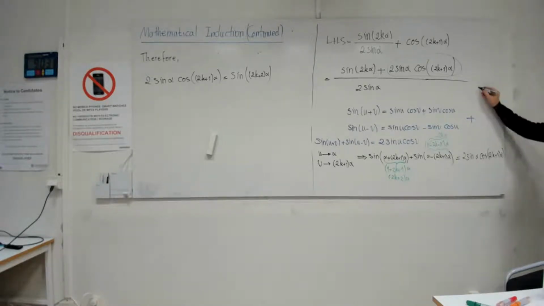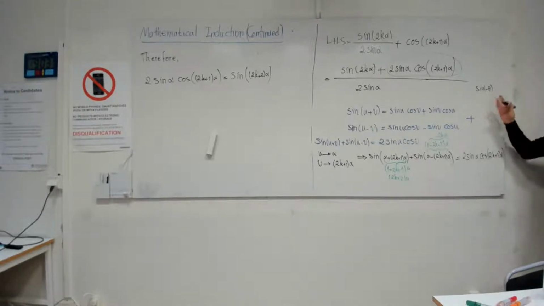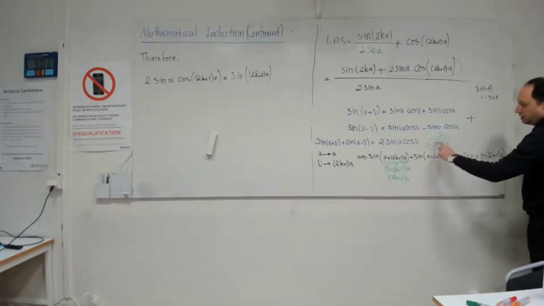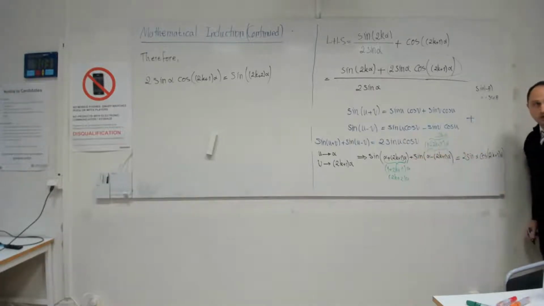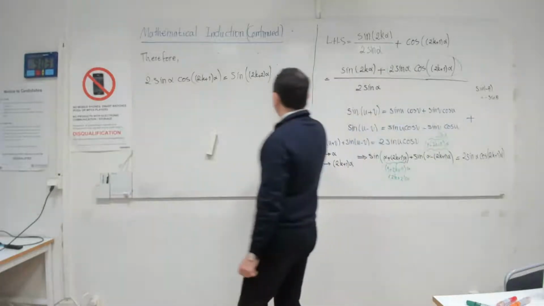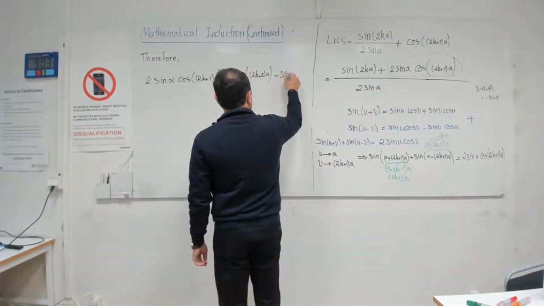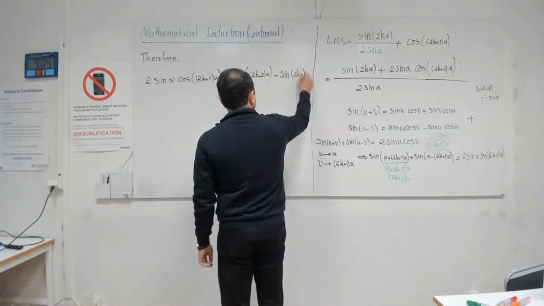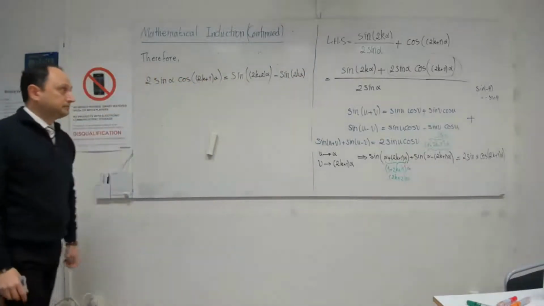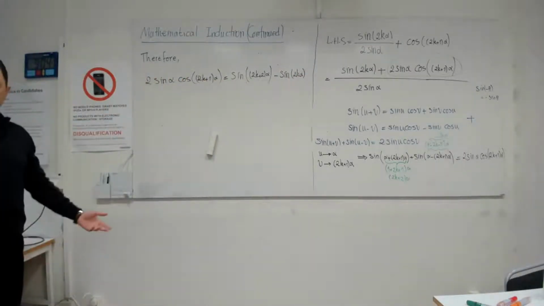Do you remember what was sine of minus theta? Minus sine. So if it was cosine of minus theta, it becomes cosine theta, but sine of minus theta is minus sine theta. We had it in Math 4, yes? So now, instead of sine of minus 2k alpha, I can write negative sine of positive 2k alpha, yes? So this becomes negative sine of 2k alpha.